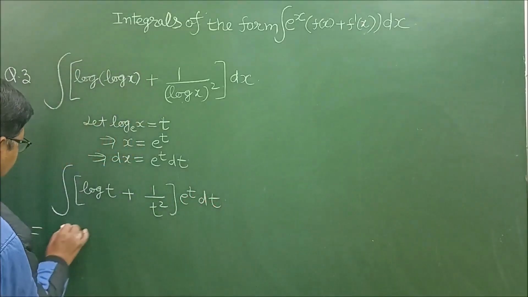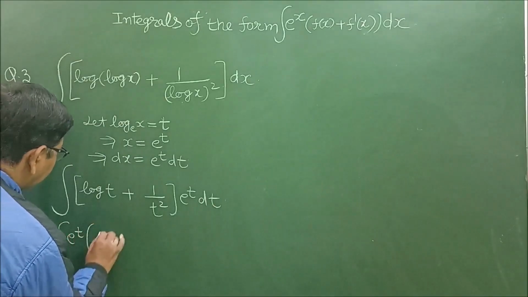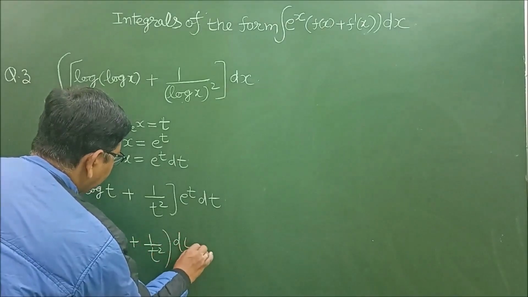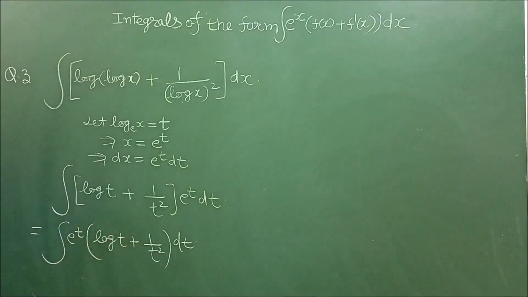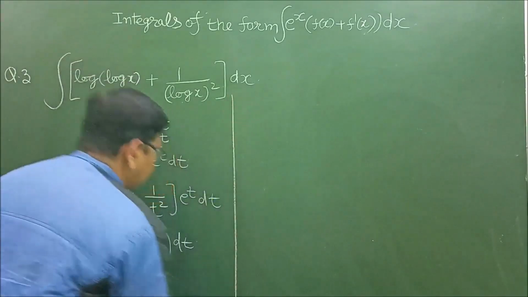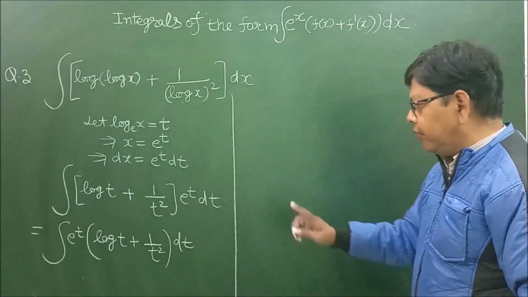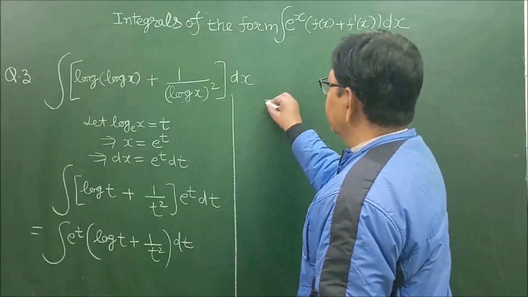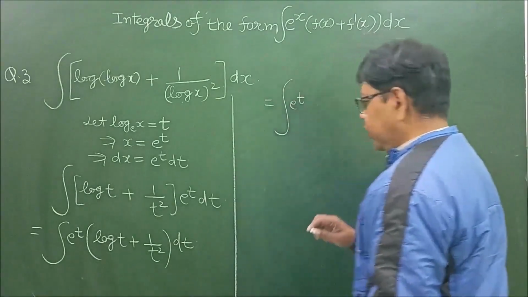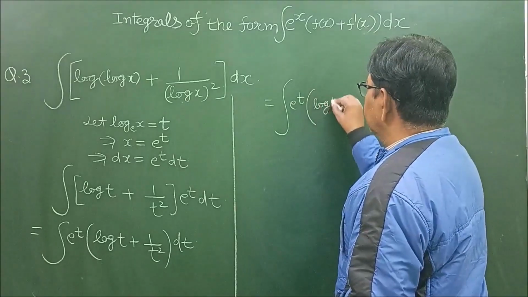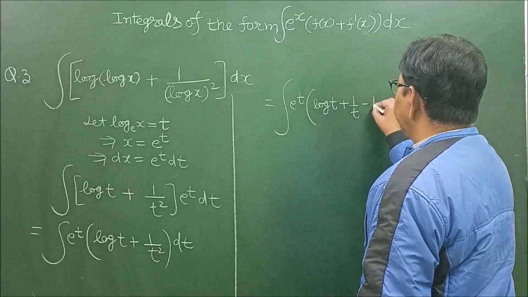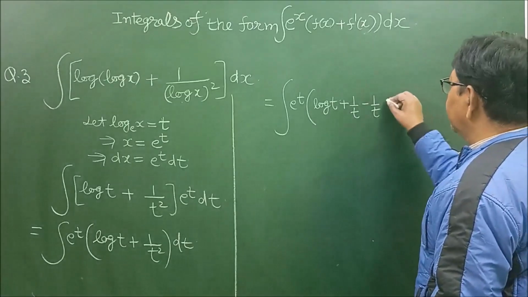So we can rearrange this integral as e^t, and here we have (log t + 1)/t² dt. लेकिन हमें यहाँ पर इसका डेरिवेटिव नज़र नहीं आ रहा है, तो अब इसको हम थोड़ा सा एडजस्ट करेंगे, और इस इंटीग्रल में अगर हम 1 अपॉन t ऐड कर दें और 1 अपॉन t माइनस करें, तो ये इंटीग्रल रिड्यूस हो जाएगा e^t into log t and log t plus 1/t and minus 1/t and plus 1/t².